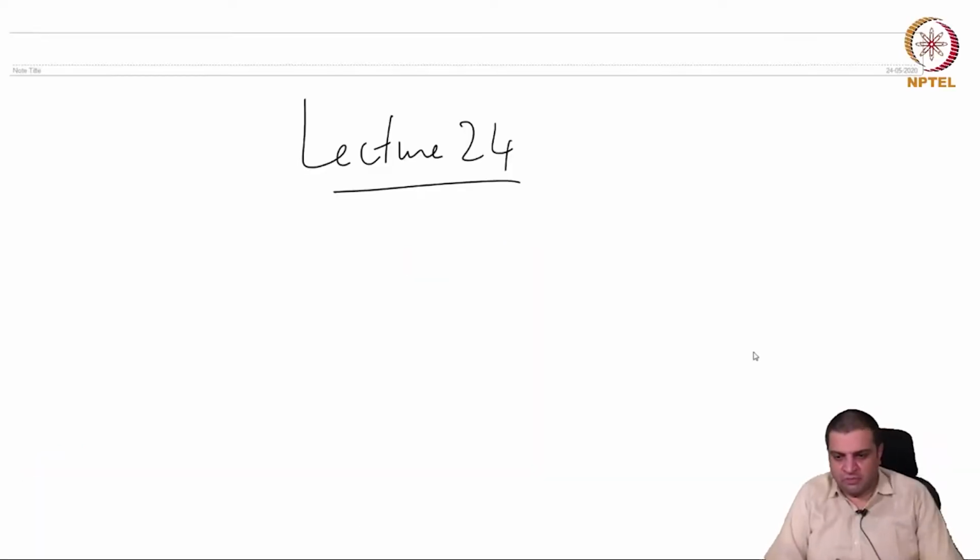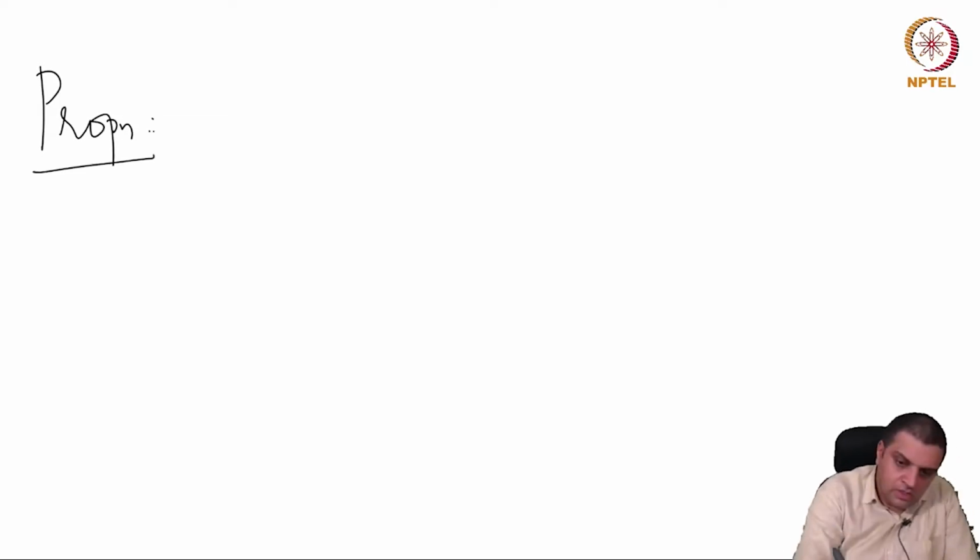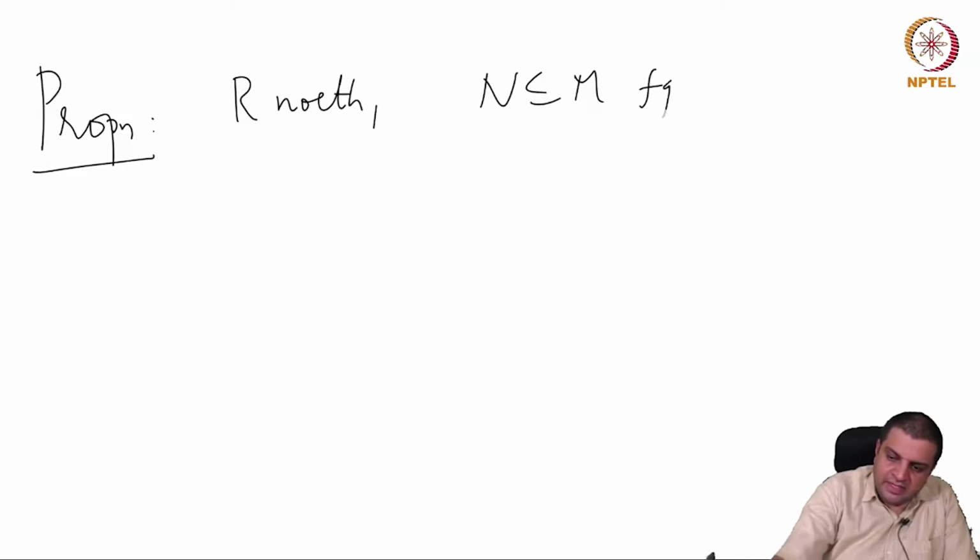This is lecture 24. We start with a simple proposition, which we had discussed earlier. I just want to clarify it. Let R be Noetherian, and N inside M finitely generated R-modules.